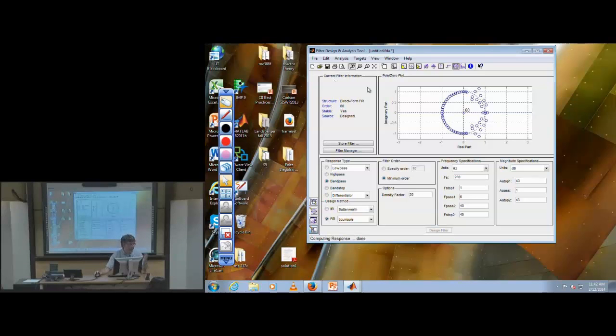Now for the other cases, I asked you to do least squares and window. For least squares, you're going to have to search and fiddle with the parameters to make them different from the specification that I gave you, make them harder to meet. And that will let you get the order down. That seems weird, but least squares has a real problem.